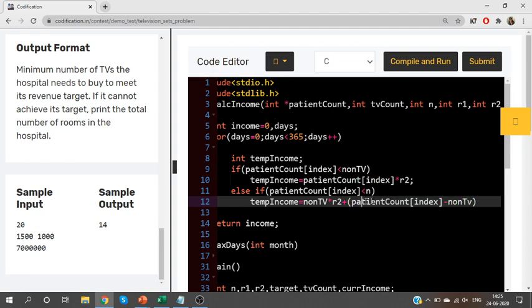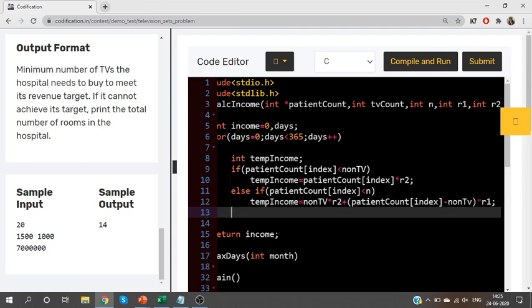Remove them. Whoever is remaining, those are the patients that enter TV rooms. For them, the cost will be R1. Clear? From the total, remove whoever goes to non-TV rooms; the remaining will be coming to TV rooms.